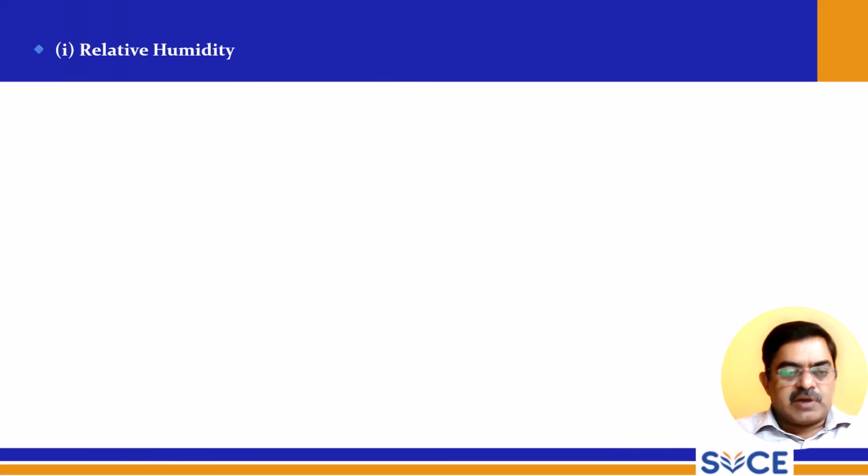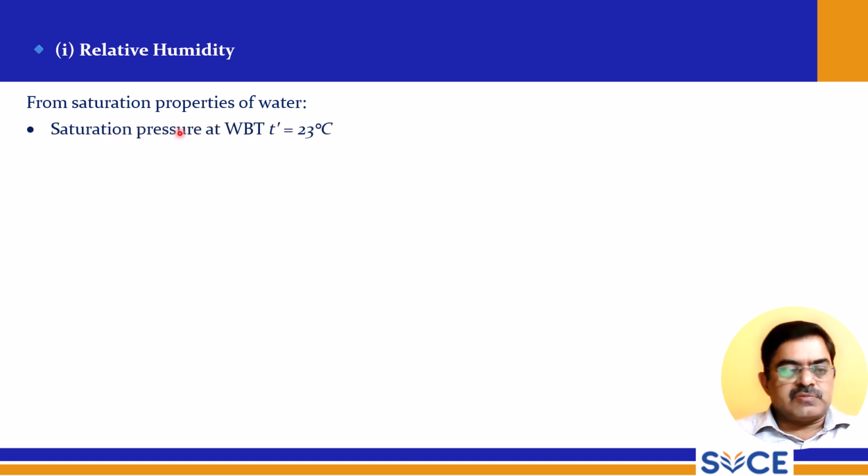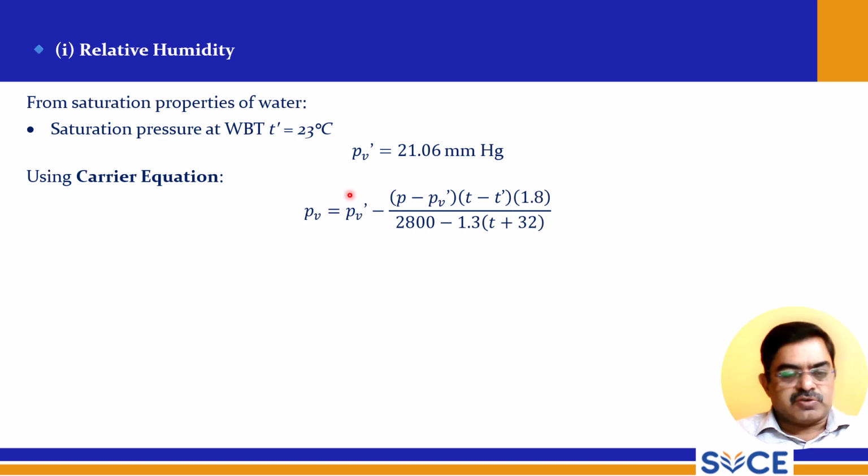Now the first one, relative humidity. From saturation properties of water, the saturation pressure at WBT, that is wet bulb temperature T dash equal to 23 degrees Celsius, that is given. From that, PV dash can be found from the tables, that is 21.06 mm of Hg. And here we can directly apply the Carrier equation.